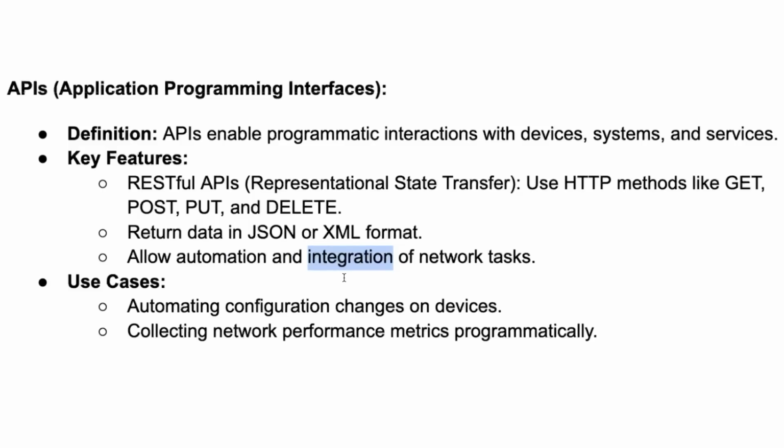There's automation and integration that you can do programmatically using a language like Python to actually make really freaking cool applications and integrations. And again, I'm just nerding out, but that's what an API is. It's an application programming interface, and it enables programmatic interactions with devices, systems, and services.